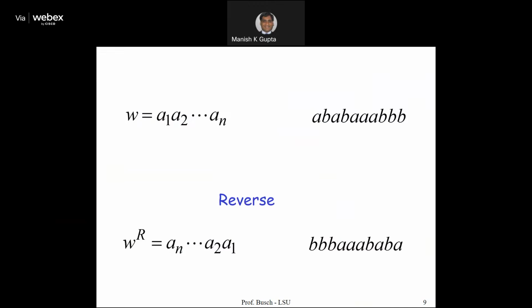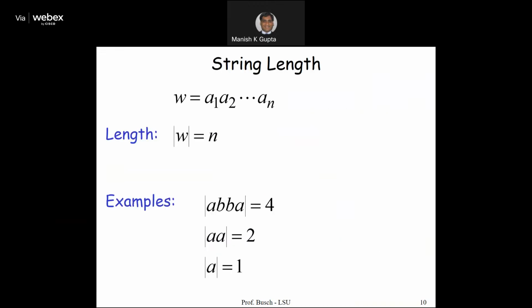Then, if W is A1, A2, up to AN, the reverse is the reversed string. Reverse everything. Then we have the length of the string. The number of symbols in the string is its length. So here the length is n, here the length is 4, 2, 1.